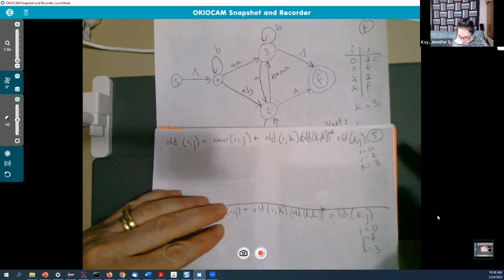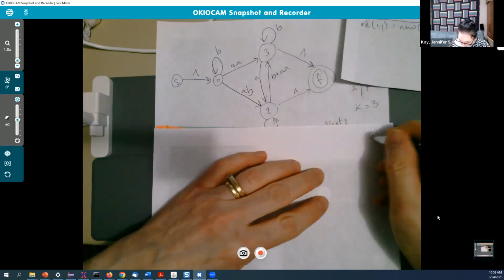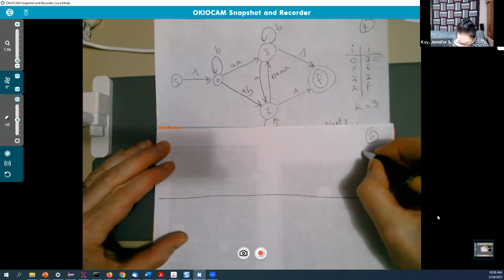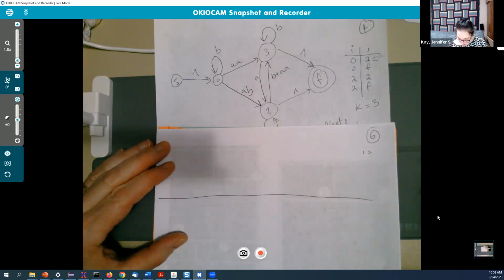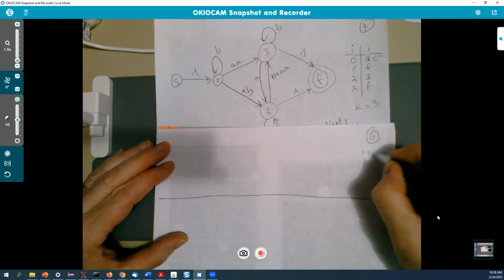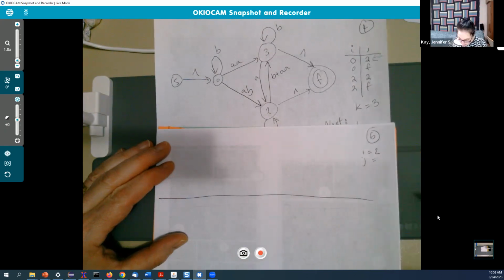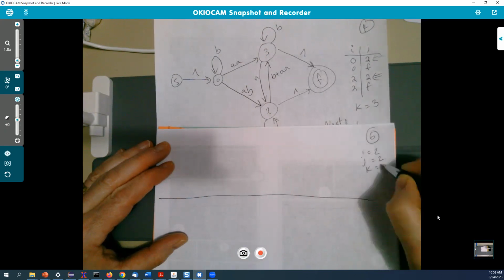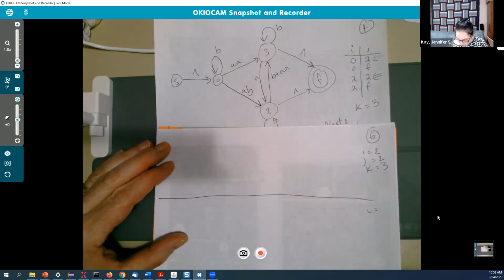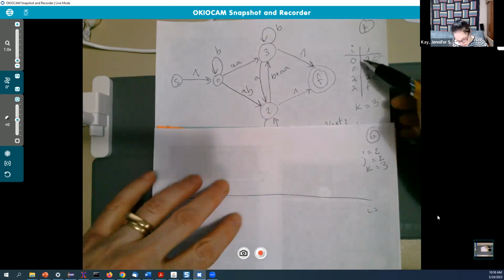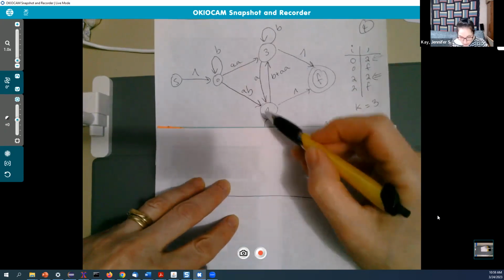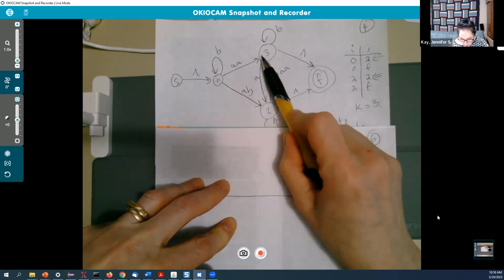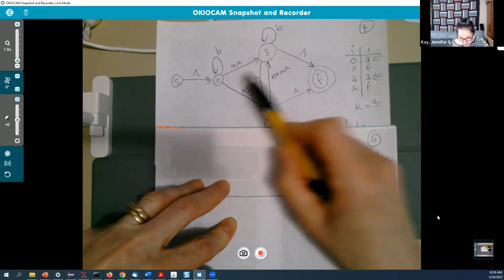That's 5, and then 6 is going to be the same thing again, except I is going to equal 2, and J is 2, because we're doing this example now, and K is 3. And then the last example we have to do, because we're making all these new paths, is a new 0 to 2 and a new 0 to F. Right now there's a way we can get from 0 to 2 via 3.